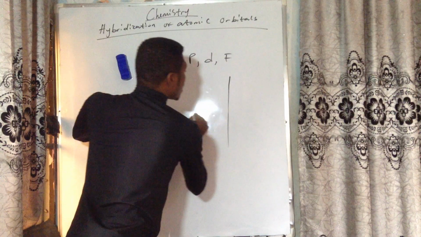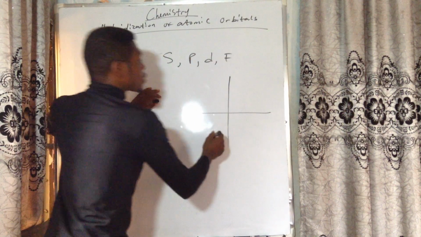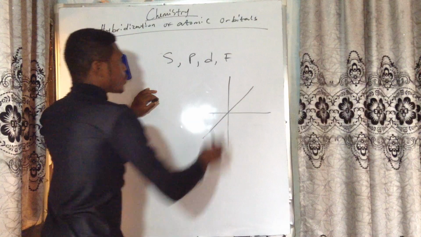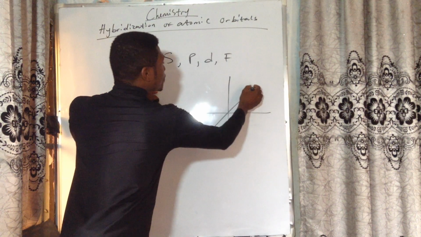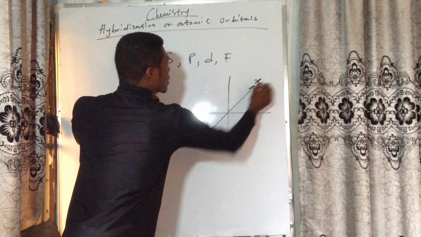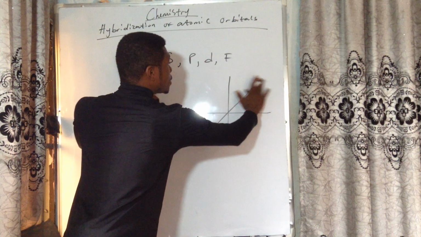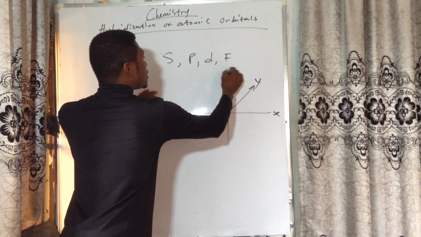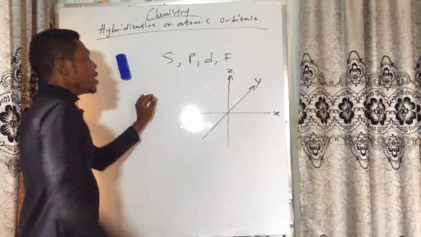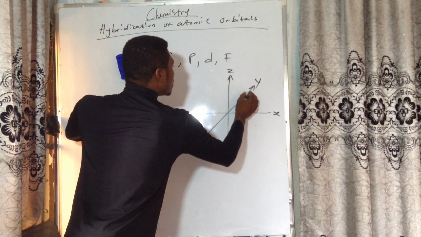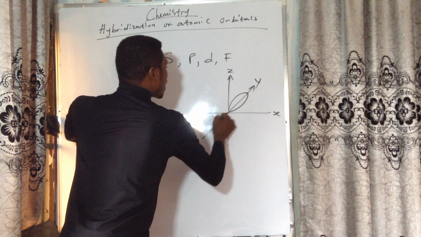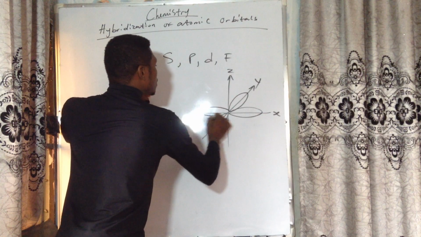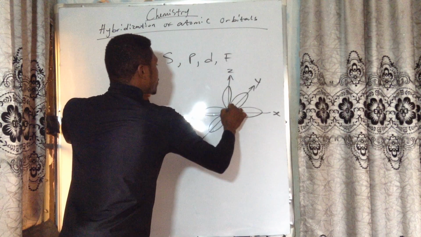If you want to draw these orbitals, first of all you define the 3-dimensional axis of 3-dimensional space. This is y, this is x, and this is z. So this is the py orbital, this is the px orbital, and this is the pz orbital.